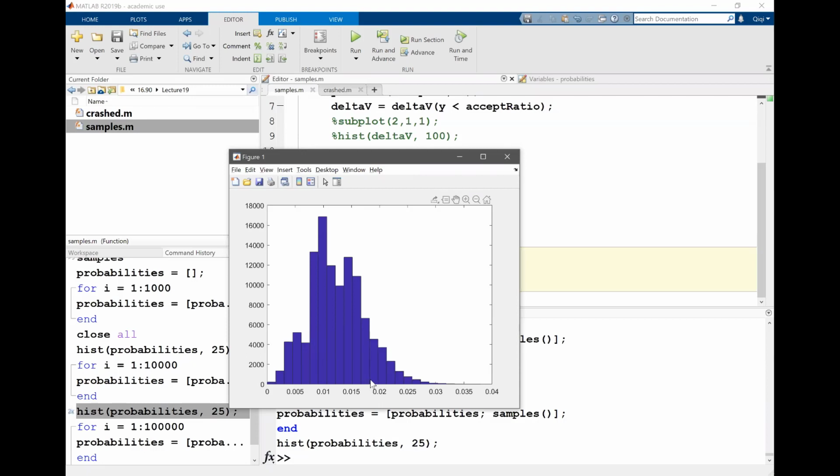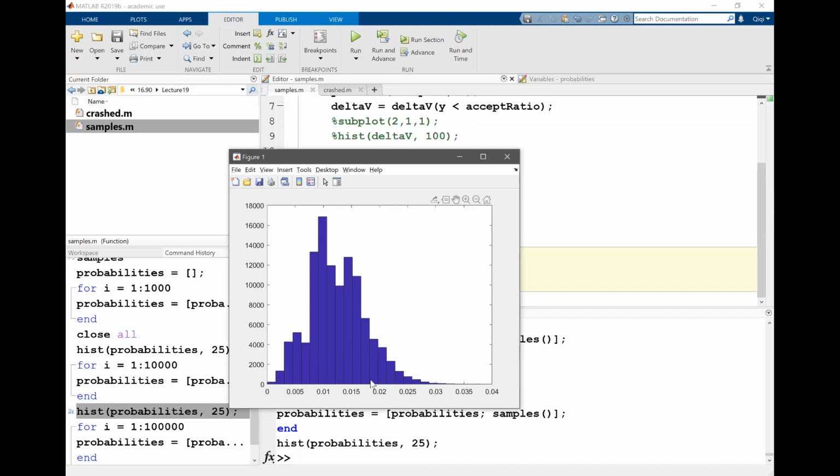So how can we put an estimate of uncertainty in our Monte Carlo result? How can we have a confidence interval, right? So the idea is, instead of producing a single number, let's say the probability of crashing is equal to 1% or 1.7%, how about putting an interval around the result we produce?